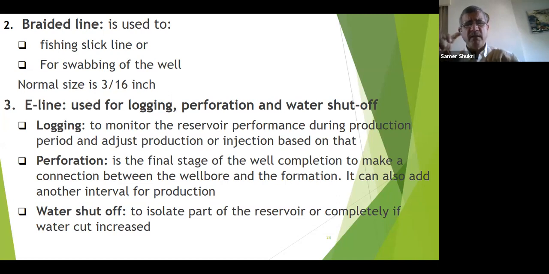So if we produce from 20 feet, we can do additional perforation to add another 10 or 20 feet, or we can isolate the producing zone if we produce water only. So we can set an MBBT, mechanical bridge plug tool, then 3 meters or 10 feet of cement above it, then do perforation above it. This is called water shuttle. You see it, water shuttle: to isolate part of the reservoir or completely if water cut increased.